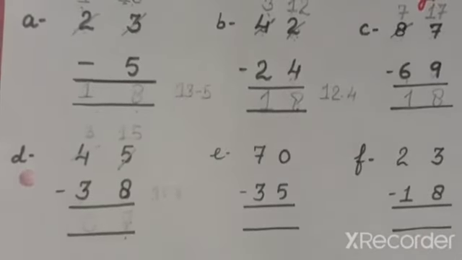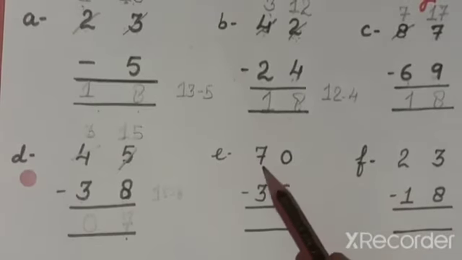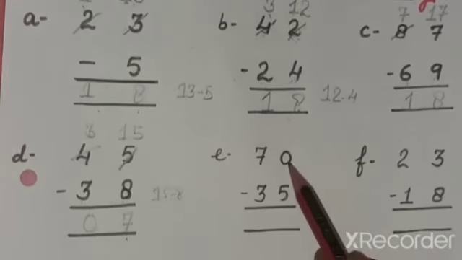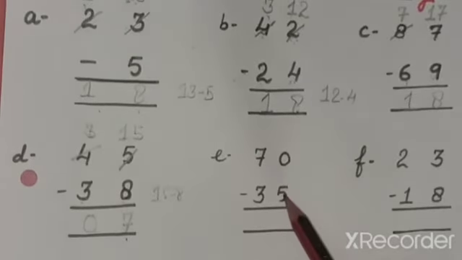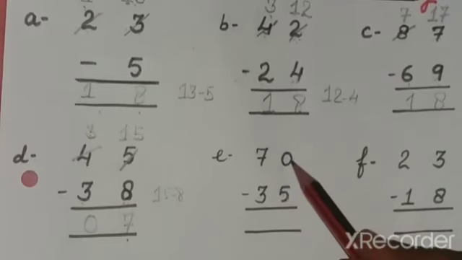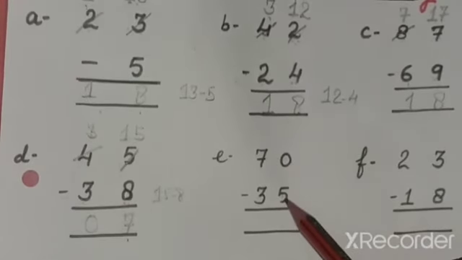Clear, everyone? Next is 70 minus 35. Again, apply the same rule here. Start with the number on the right side. 0 minus 5. 0 is too small to subtract 5.